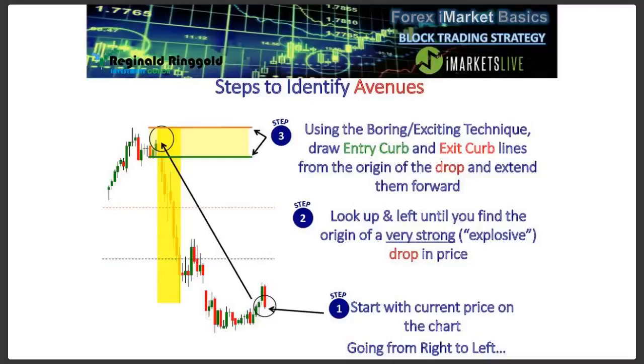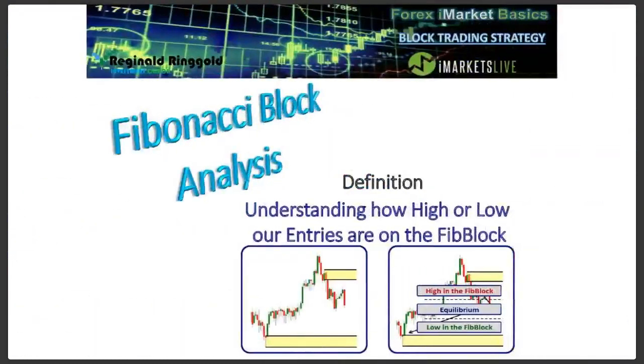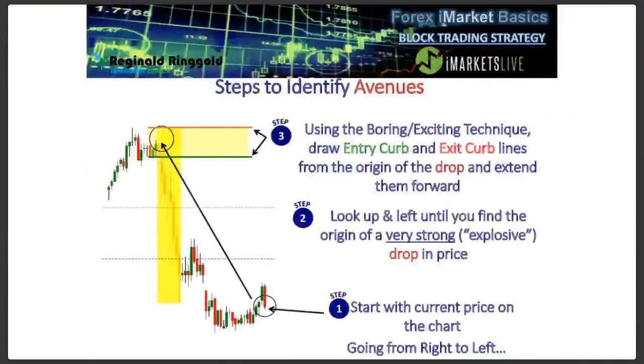We can identify our zone, or our size, our area, so to speak, our stop size. We then draw our entry curve and our exit curve from the origin of the drop, that explosive move. Let me go back, because I know some of you will probably say that I moved a little bit fast. All right, let's move on.